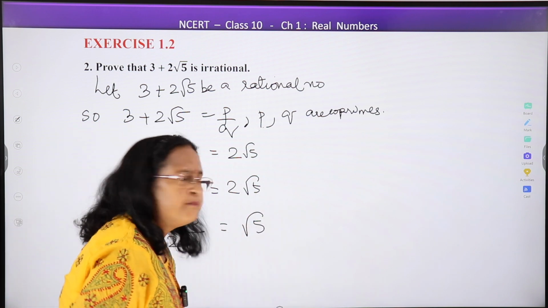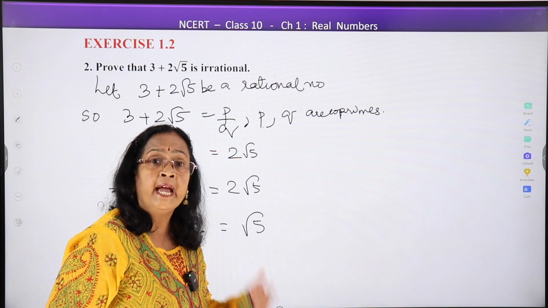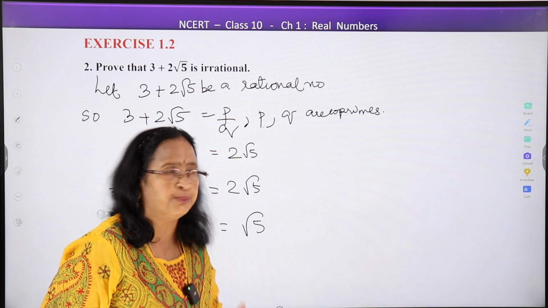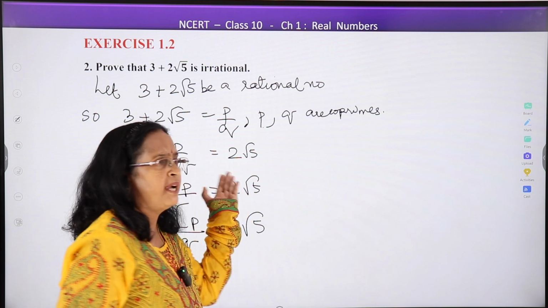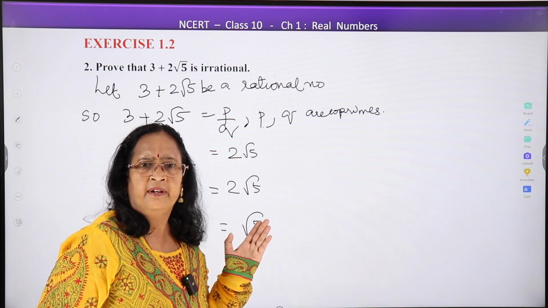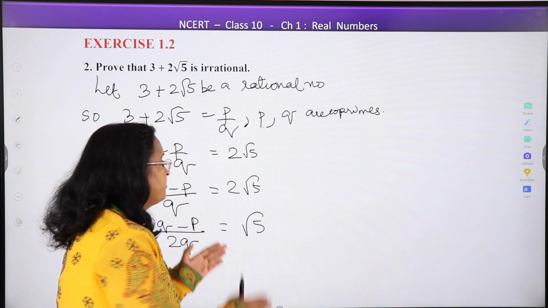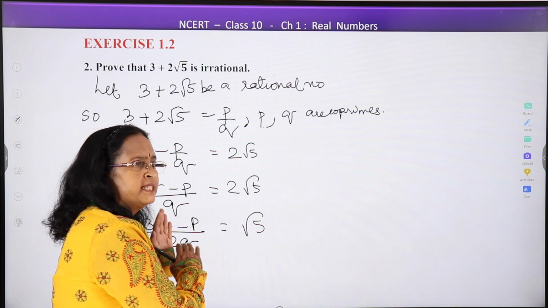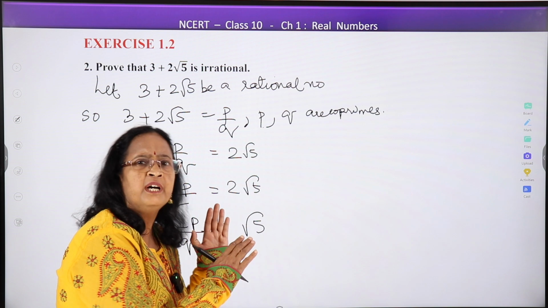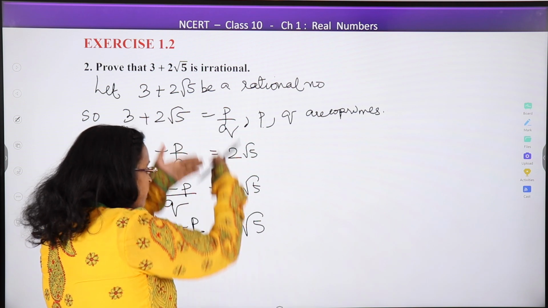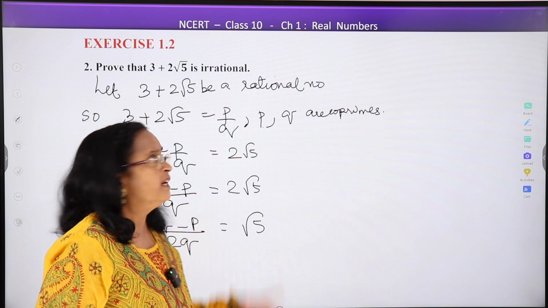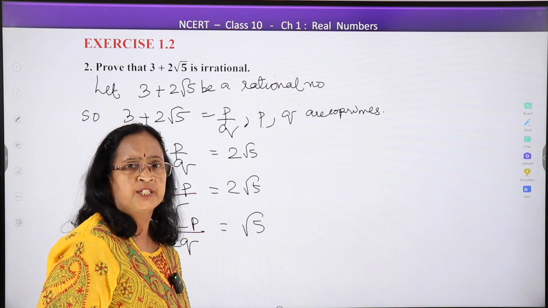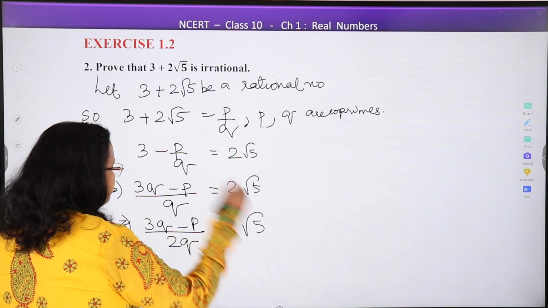So what do you understand from this? For any number given to you, maybe addition, maybe subtraction, you should first shift the rational numbers to one side and then irrational numbers to the other side of the equal to sign. This is the first step to prove the number is irrational. Now root 5.